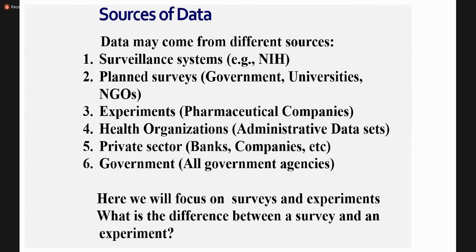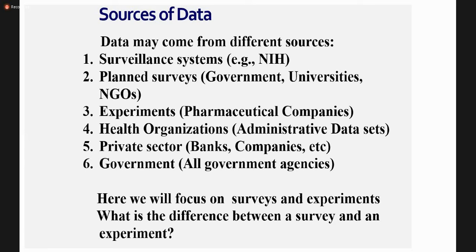While using or studying biostatistics, a keen researcher must know the sources of data. This is a very, very important topic because if you don't know the sources of data, you cannot use your resources and time efficiently.